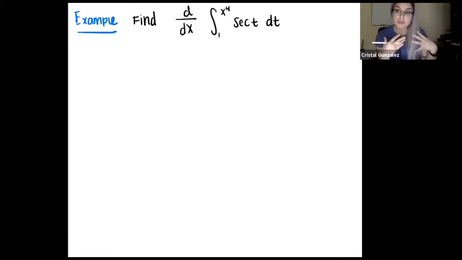So what I'm going to do here is I'm going to let u equal x to the fourth.